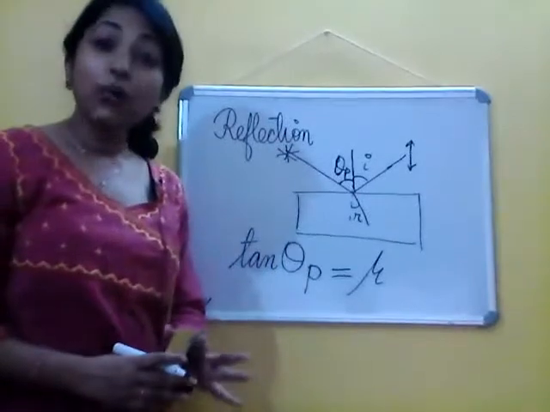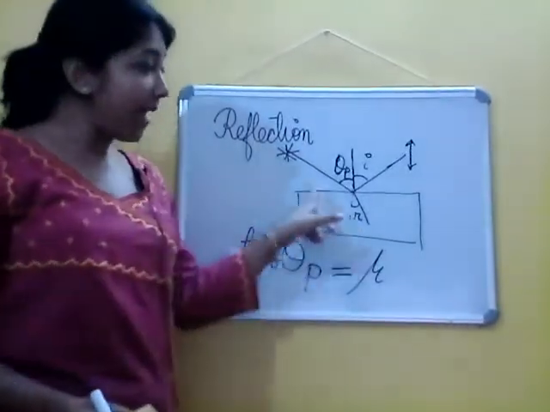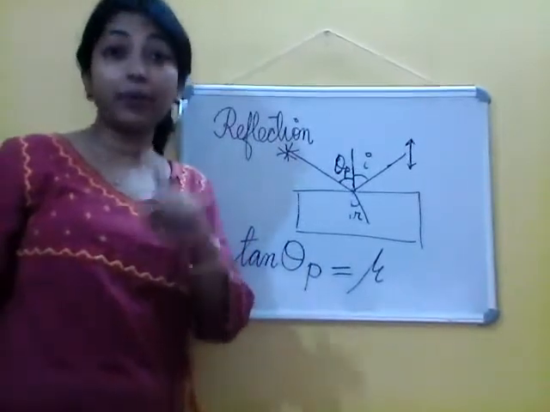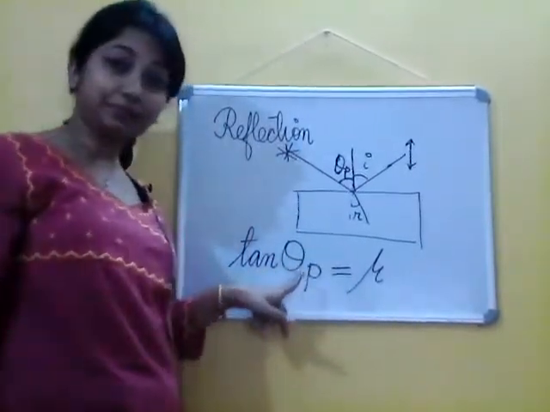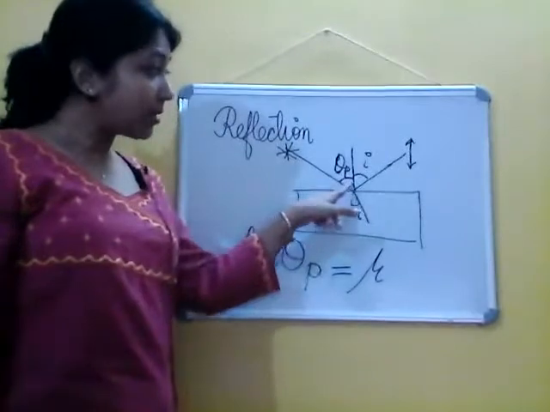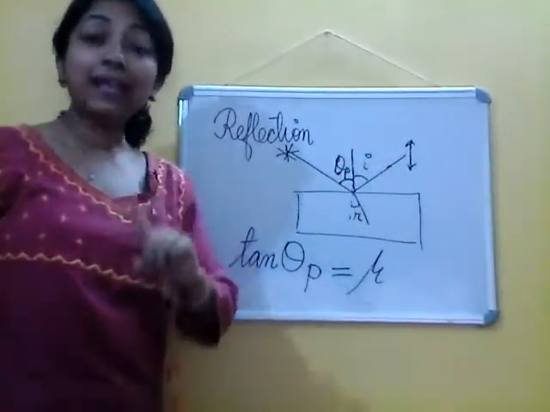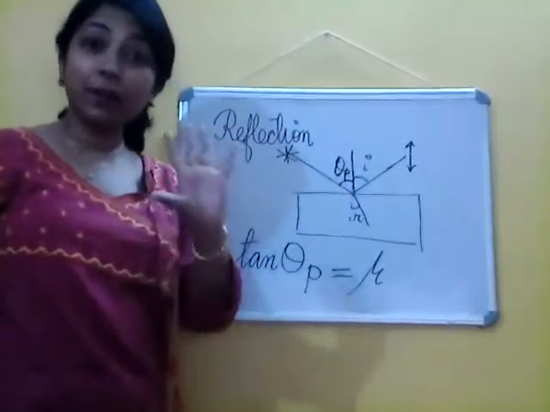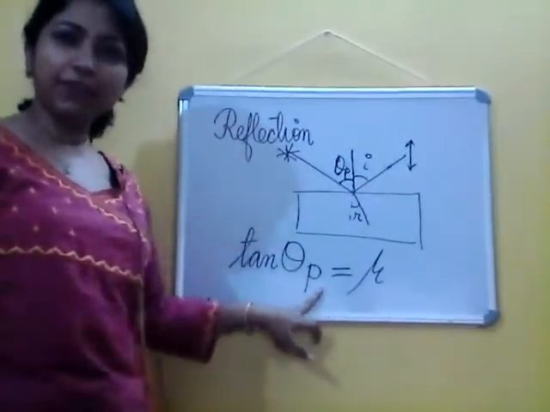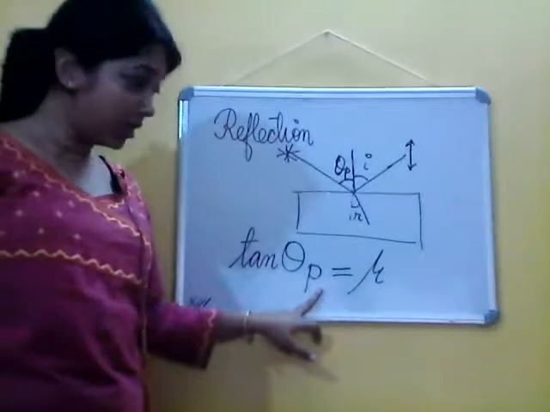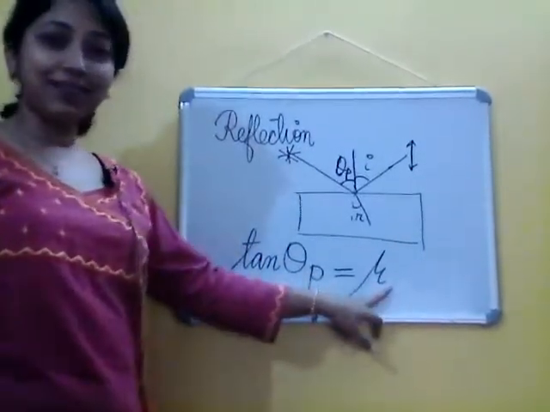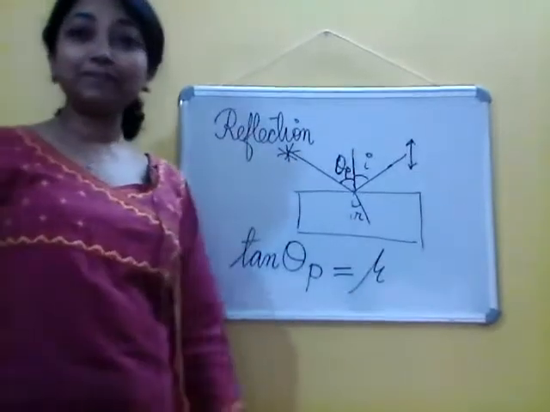For every optical medium like this, there exists a particular angle of incidence which causes plane polarization of light. Because polarization is occurring in a complete manner, the suffix theta p is generally used. And the tangent of this angle theta p is nothing but the refractive index of this medium.